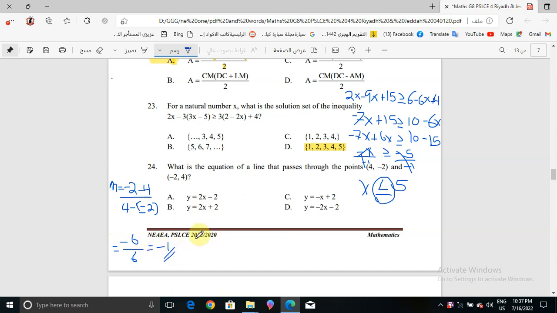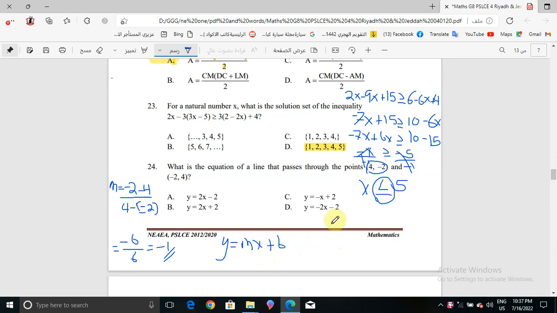Then because we have the m value, which is negative 1, we will write y is equal to mx plus b, right? We will take the 4 and negative 2 in place of y and x.